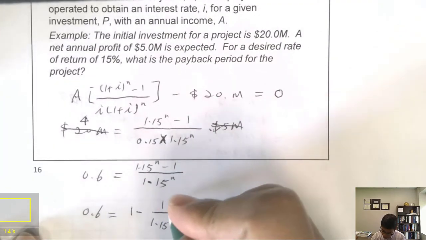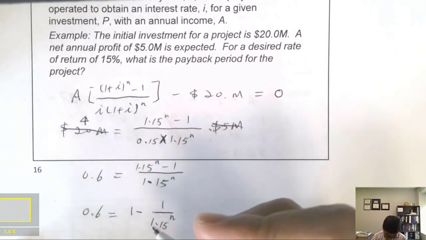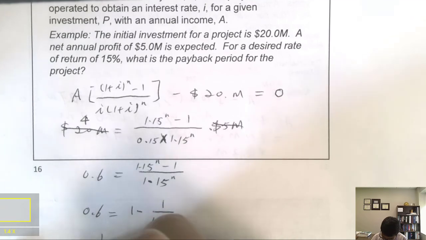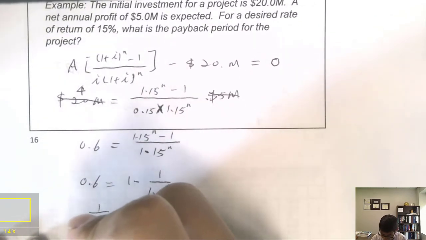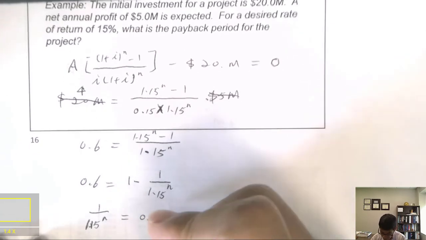Alright, so this term we move to the left and this we move to the right. So that will give us 1.15 to the n power equal to 0.4.